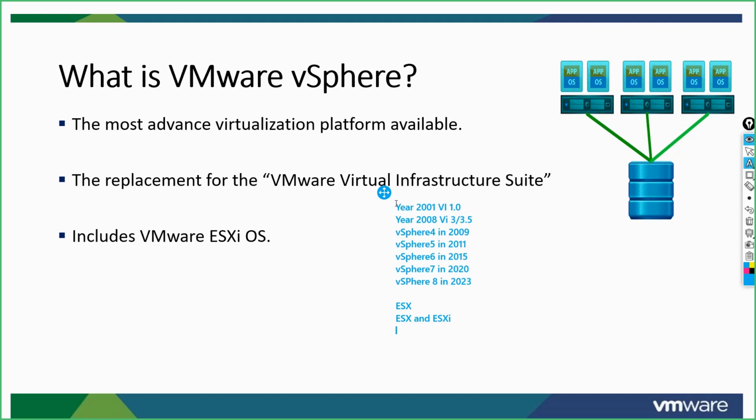And then what happened in the year 2011? I will tell you what is ESX and what is ESXi, the difference, everything. But for now, just remember this. In 2011, vSphere 5 was launched, and the product was sold with only ESXi.